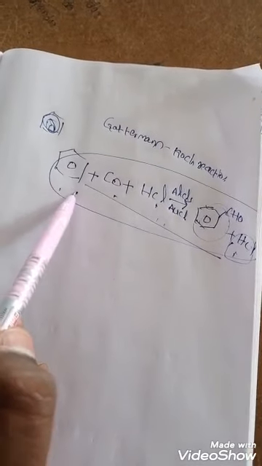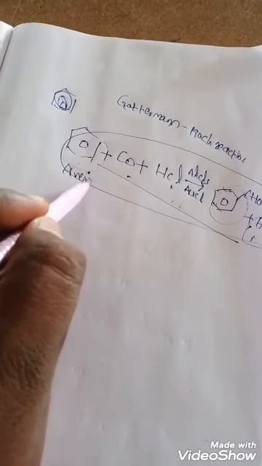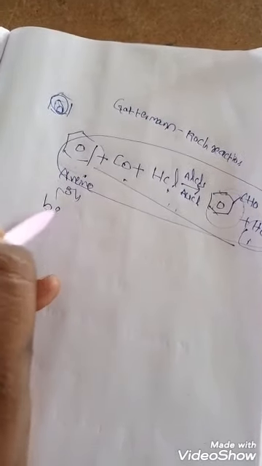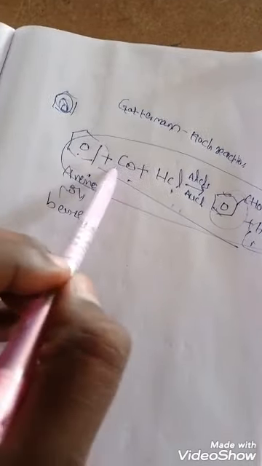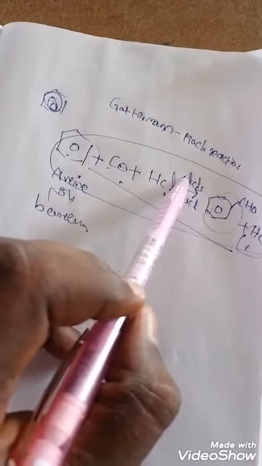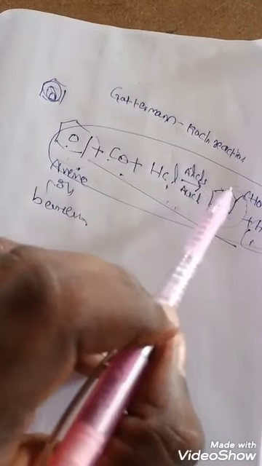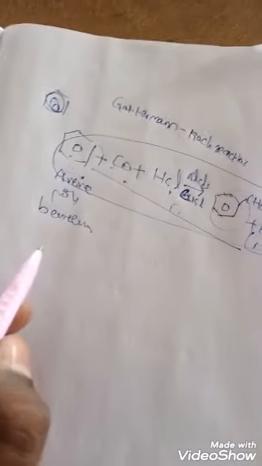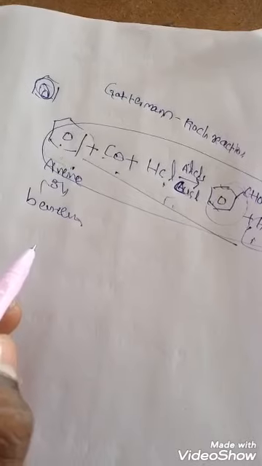Aromatic aldehydes can be prepared when arenes, or benzene, are treated with a mixture of carbon monoxide and hydrogen chloride in the presence of anhydrous aluminum chloride and a trace of cuprous chloride, CuCl, to form benzaldehyde and hydrogen chloride. Students, this is the Gattermann-Koch reaction.